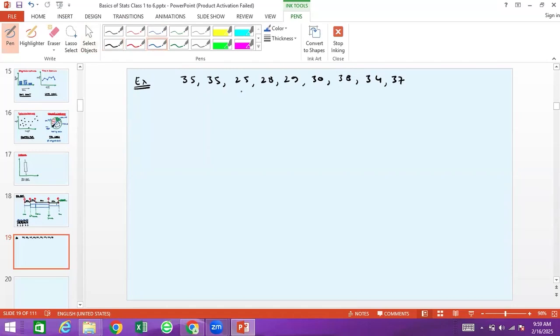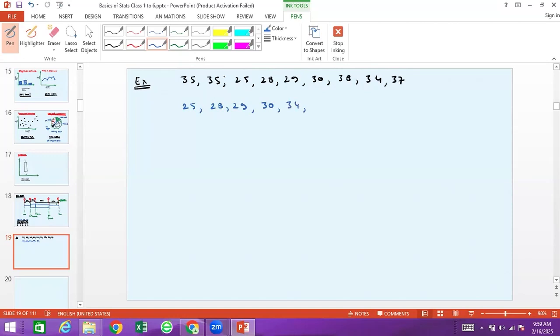Now, when you get this kind of data, the first step is always to sort this data. So I will sort it. Start with the smallest value, 25. Then we have 28 and 29. Then I have 30. Then 34.